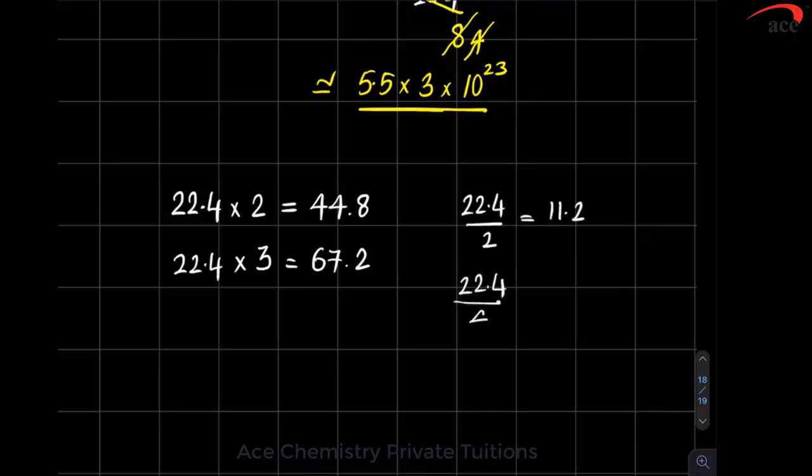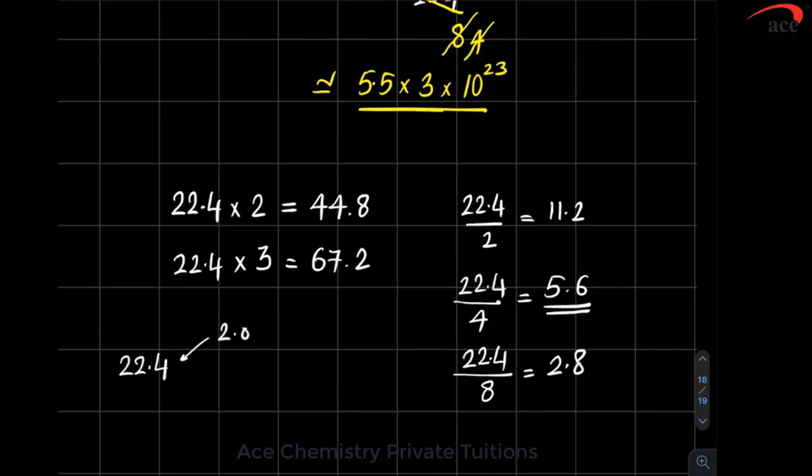If you divide by 4, it is 5.6. If you divide by 8, it is 2.8. So remember, 22.4 is 8 times 2.8 and 4 times 5.6. Such simple understanding will help you to solve numericals.